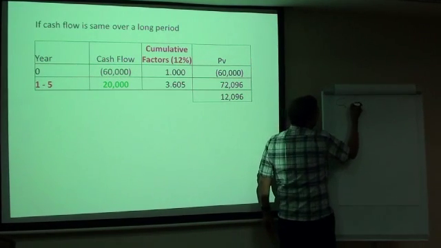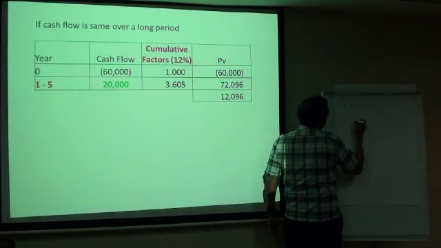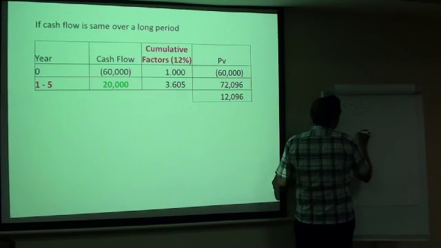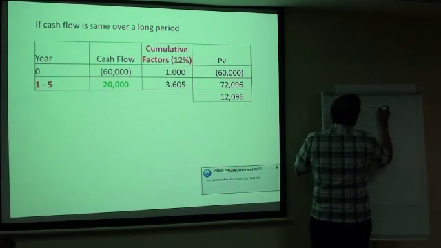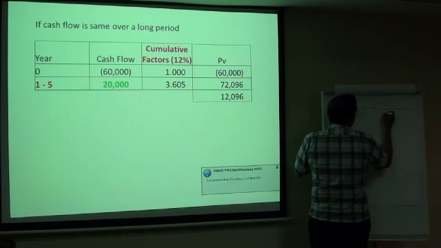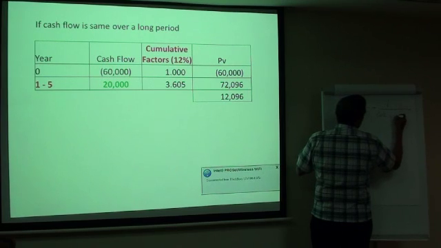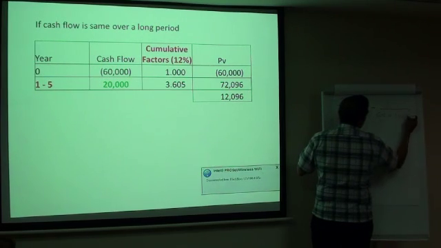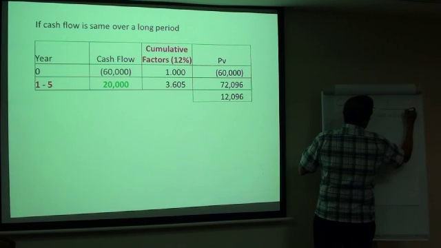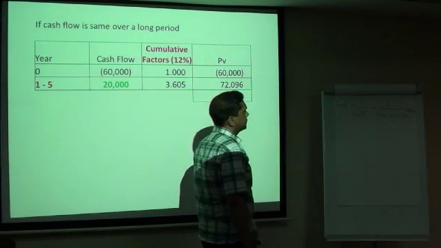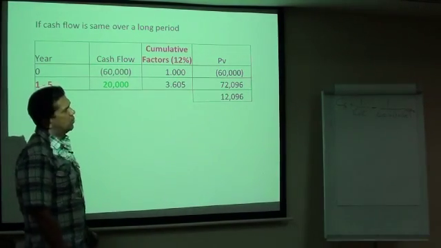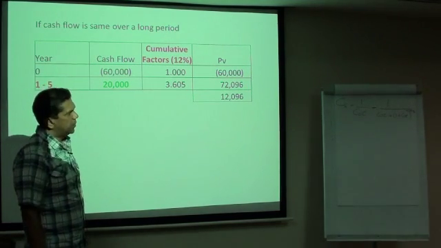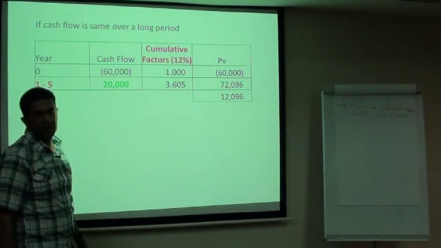Cumulative factor is 1 divided by cost of capital, minus 1 divided by cost of capital multiplied by 1 plus cost of capital to the power of number of years.